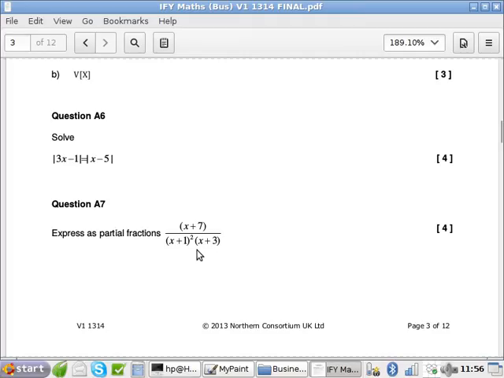The final exam is 2.5 hours, which is 150 minutes. But the exam, I think, is 125 marks.